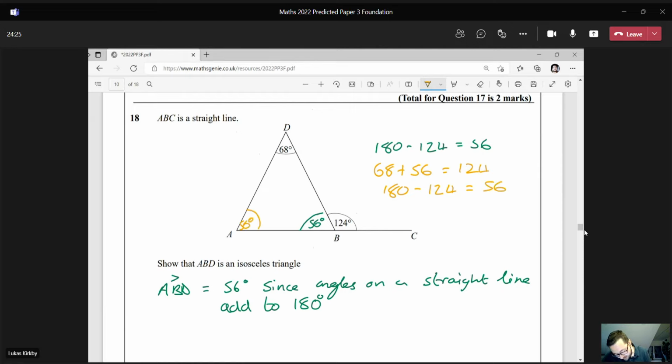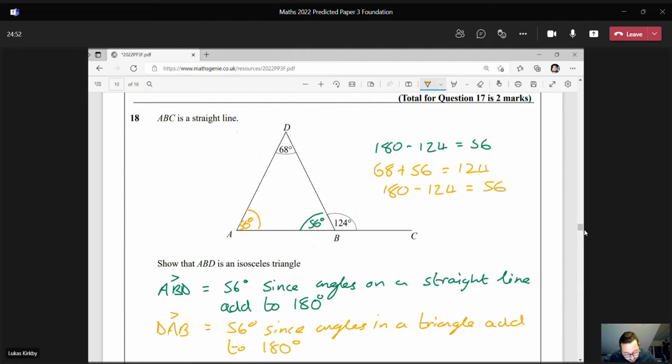And that should make us smile, because that will show that it's isosceles. So let's write what we've done for now. DAB, I won't do a dab, DAB is 56 degrees, since angles in a triangle add to 180 degrees. Great.